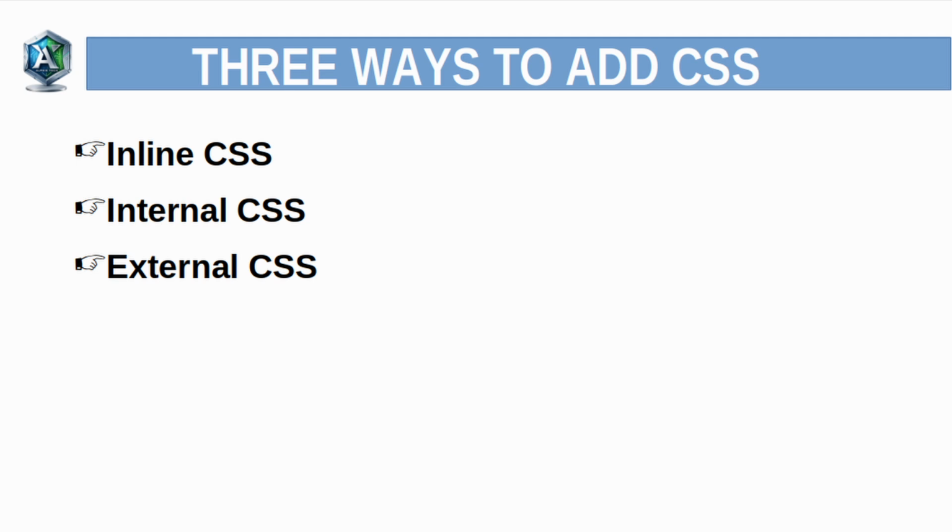And then the external CSS, which is the most common and recommended method of adding CSS to your web page, is having your CSS in a separate file and linking this file to your HTML page using a link tag. You're going to see all of this in practice.